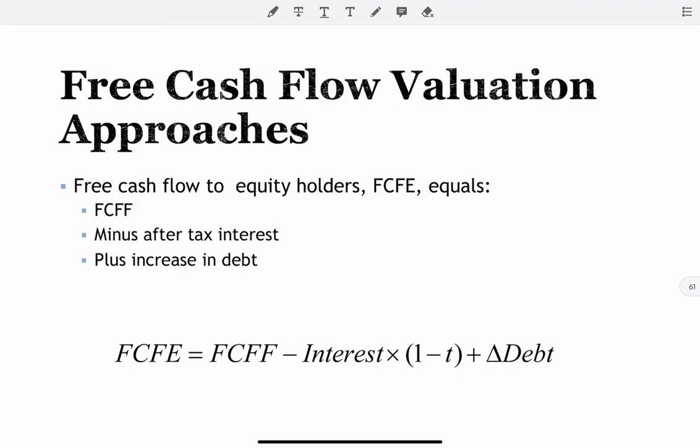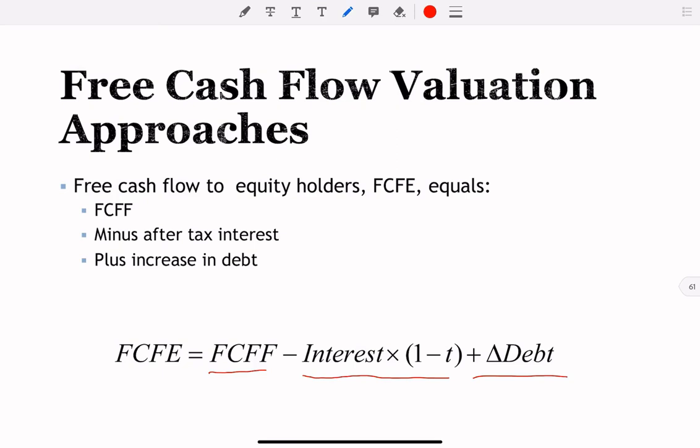How do you get free cash flow to equity? Well, you would use free cash flow to the firm minus the after-tax interest plus the increase in debt. I could briefly talk about why this gives you free cash flow to equity holders, right?